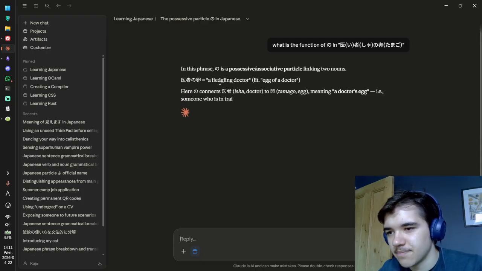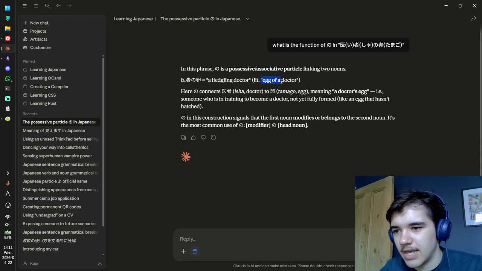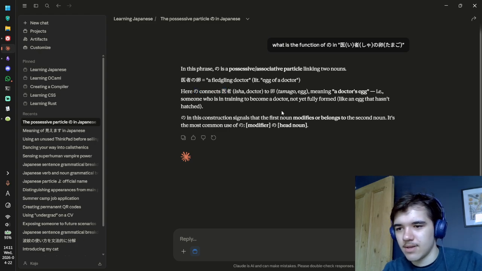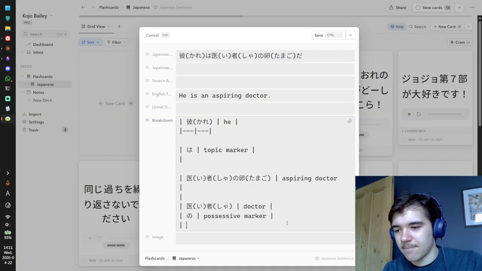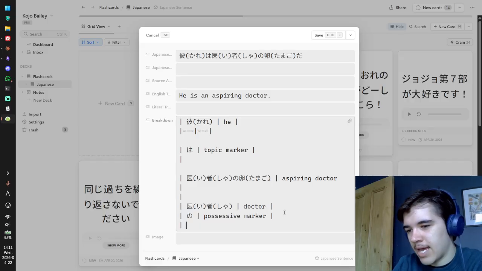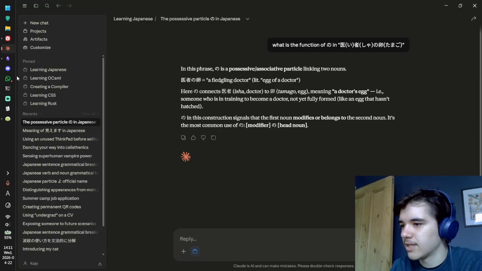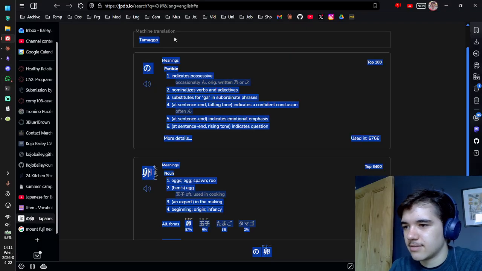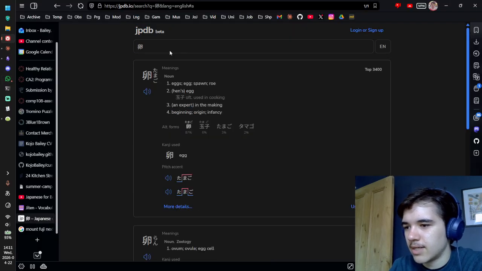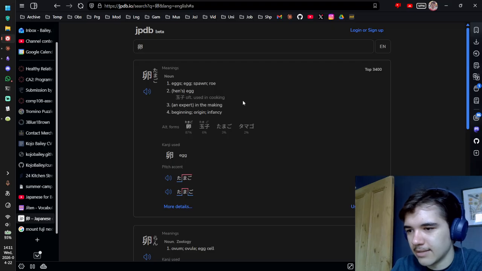Possessive associative particle. Fledgling doctor. Egg of a doctor. A doctor's egg. Yeah. Okay. And then tamago, egg. For fledgling. I mean, yeah, it's an expression. Tamago, egg in the making.